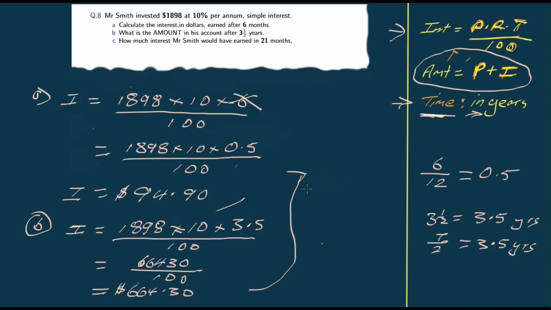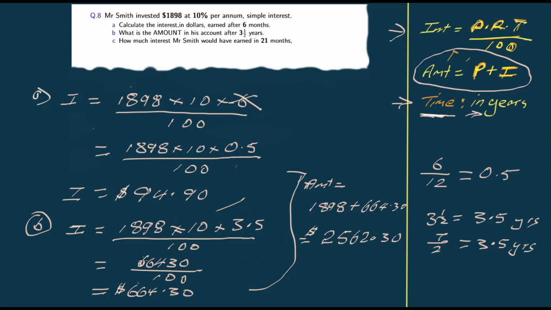Therefore, our amount equals principal, and the principal is the original sum invested, which is $1898, plus the interest of $664.30. And this will give us a grand total of $2,562.30.